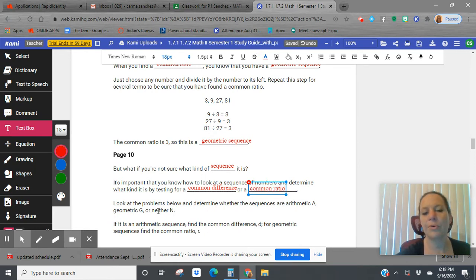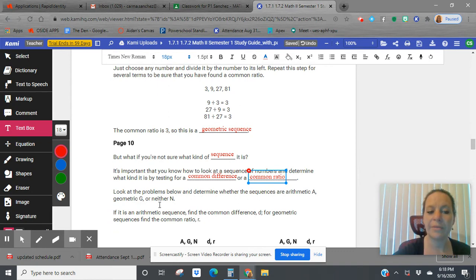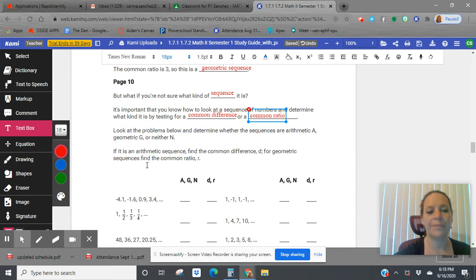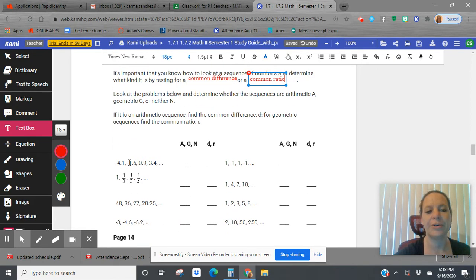Look at the problems below and determine whether the sequences are arithmetic, geometric, or neither. If it's arithmetic, find the common difference. If it's geometric, find the common ratio. So right here, if you've got negative 4.1, negative 1.6, 0.9, and 3.4, you're looking to see what that common difference or common ratio might be.